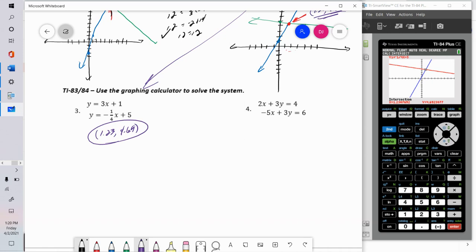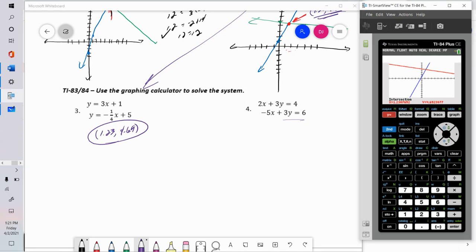Notice how much easier that is to do when I'm solving the system by graphing using the graphing calculator. If I'm solving the system by graphing using the graphing calculator, then I probably don't want to do something like number 4. In number 4, the problem here is that I don't have the equations solved for y.